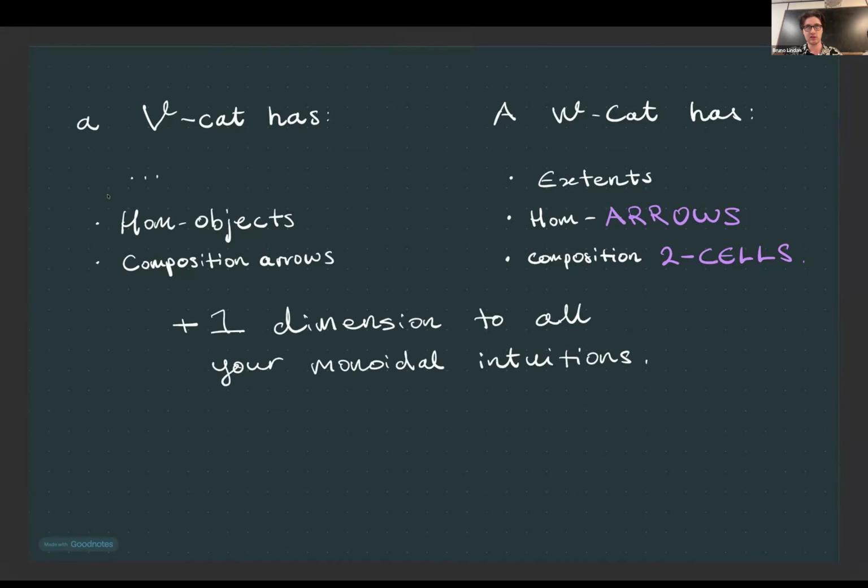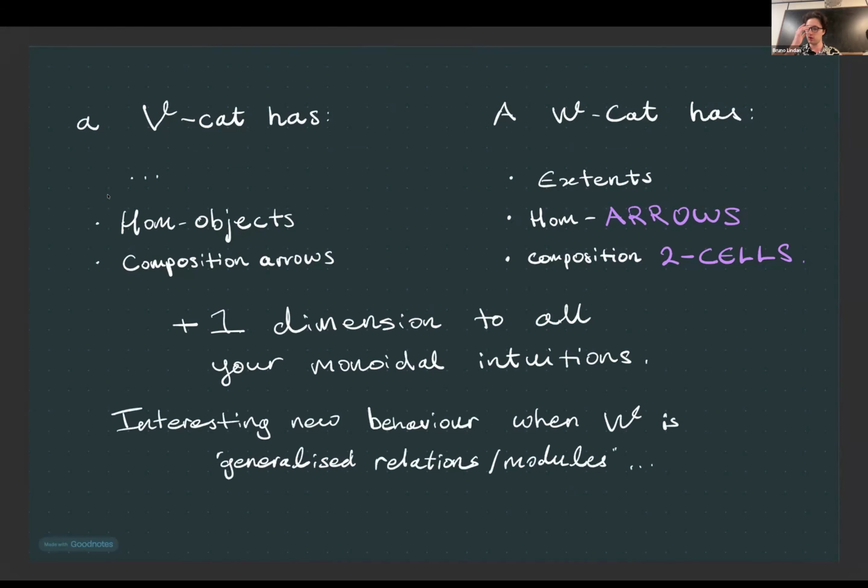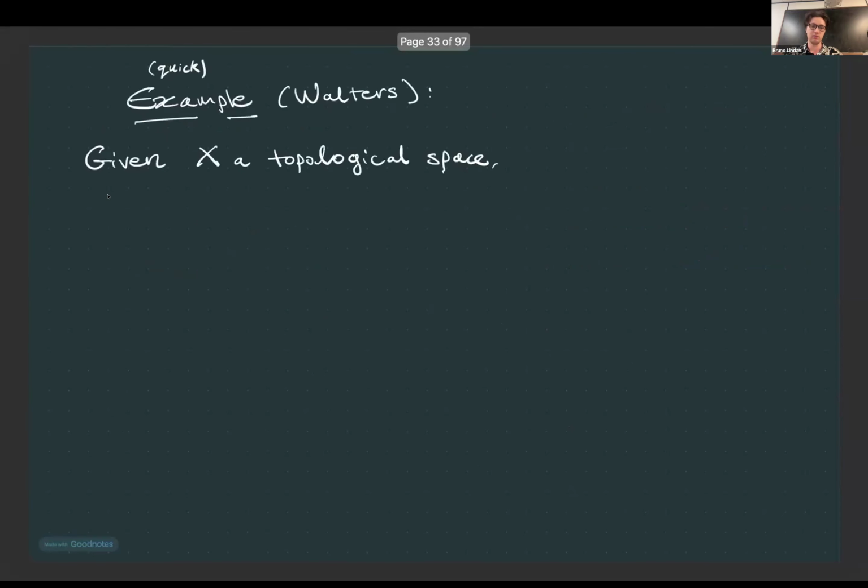And usually the interesting examples come about when the base of enrichment looks something like relations or modules, maybe in some generalized sense. And I'll give you a very quick example. I think this is probably the first really interesting example of something you really wouldn't expect to be expressible as an enriched category in any way.